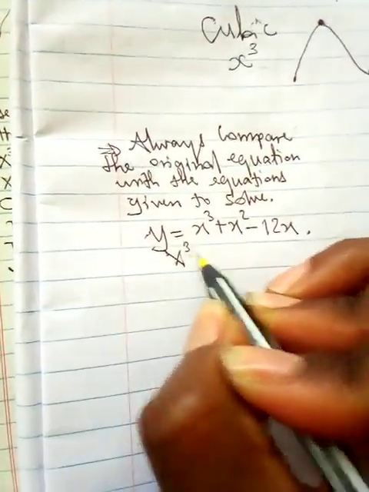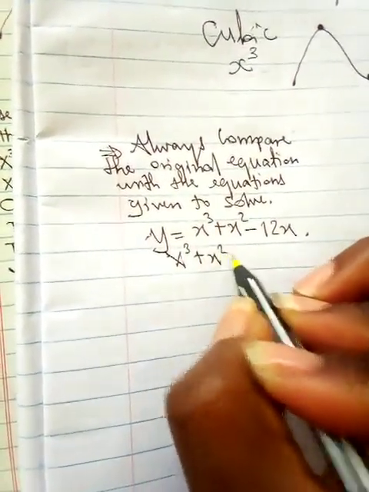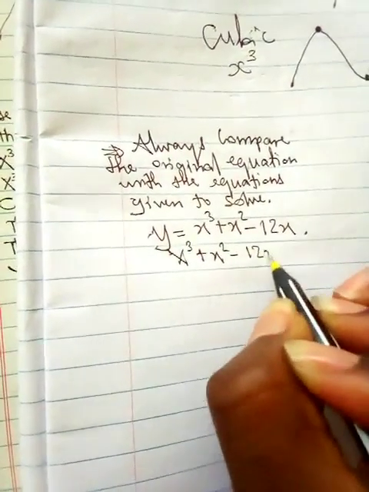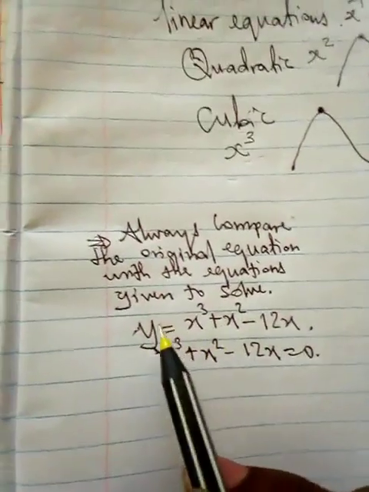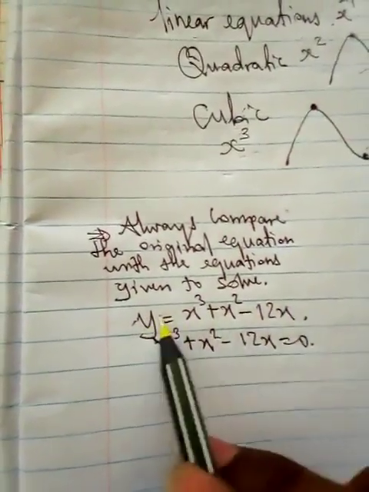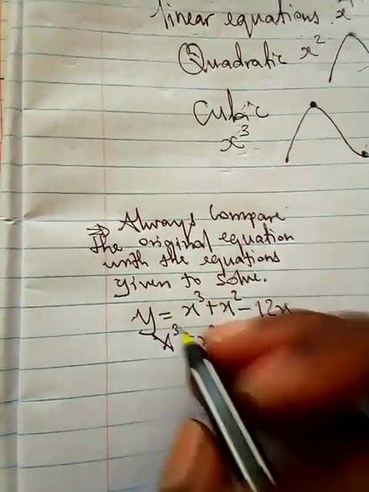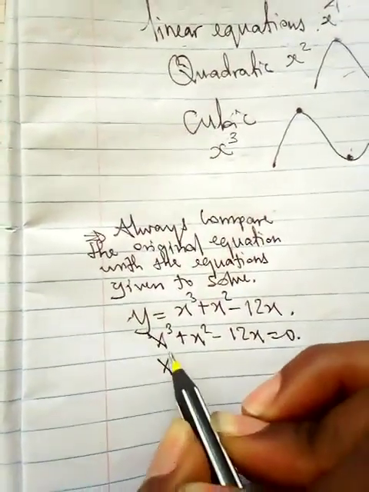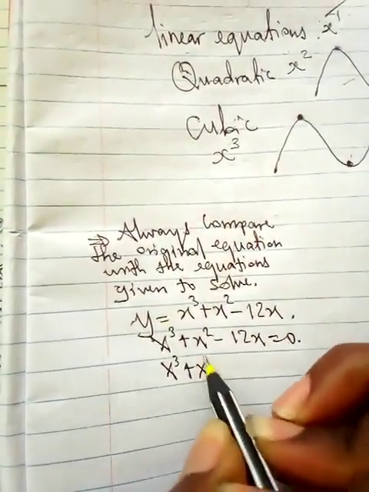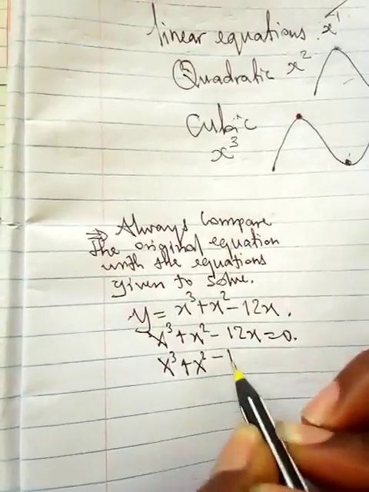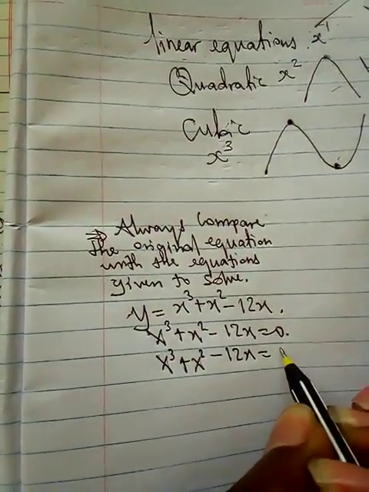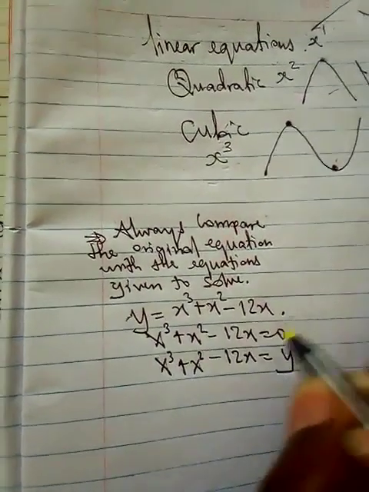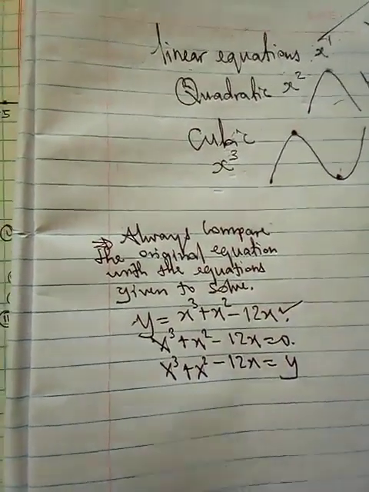I can rewrite or rearrange this one in this way: x to the power 3 plus x squared minus 12x is equal to y. This is the one that I'm rewriting.